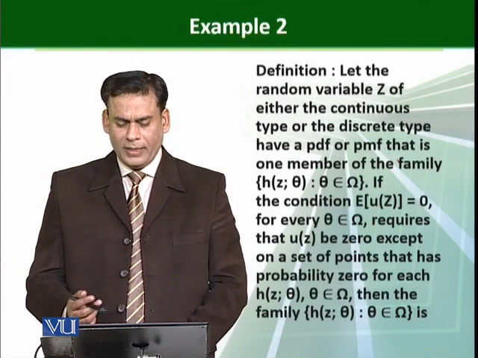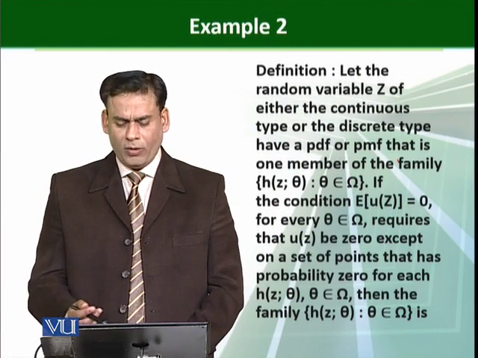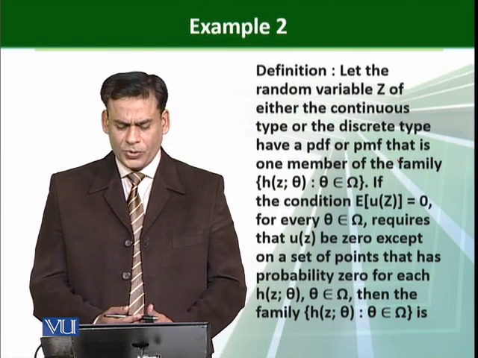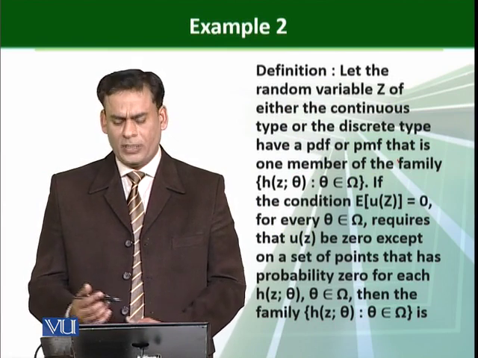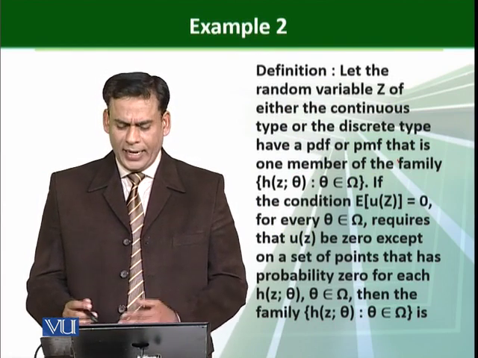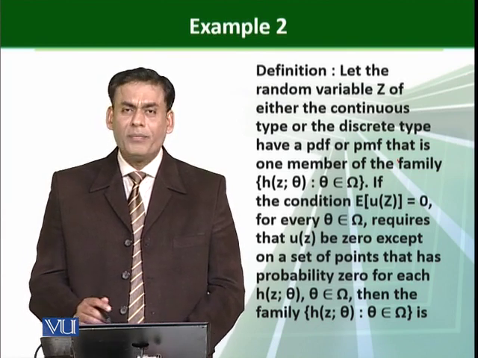Let the random variable Z, either of a continuous or a discrete type, have a probability density function or probability mass function, and let h(z; theta), theta belonging to its parameter space, be one member of the family.